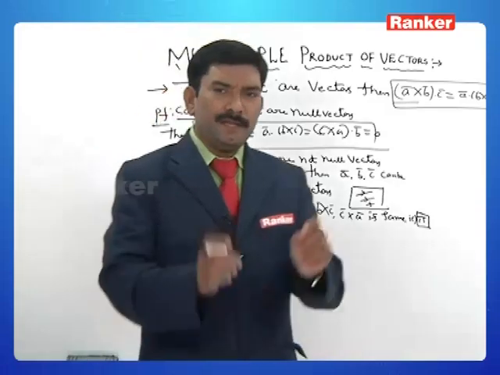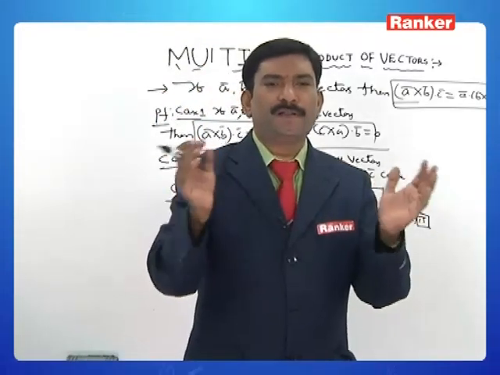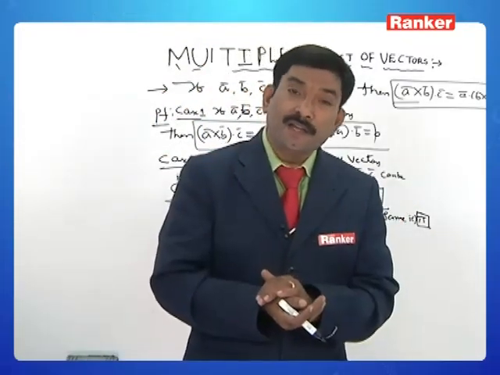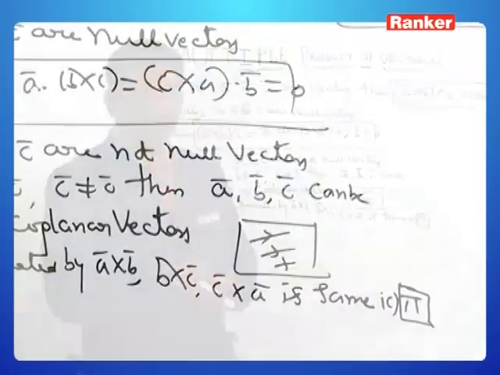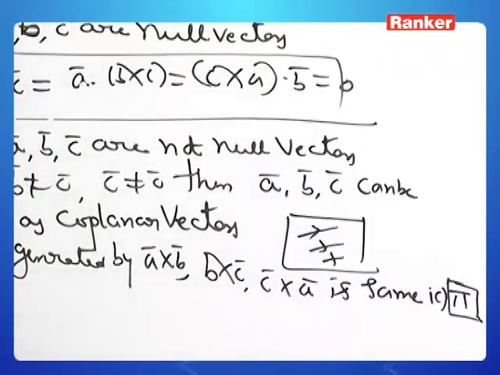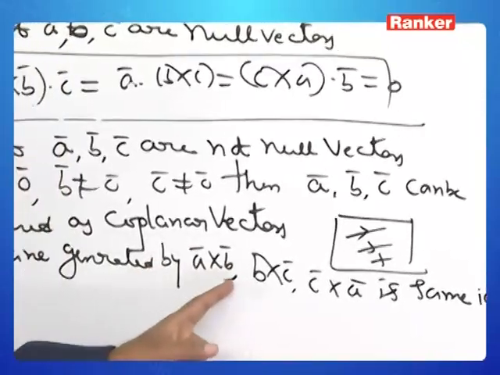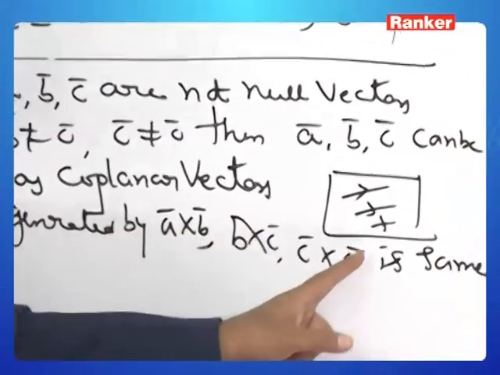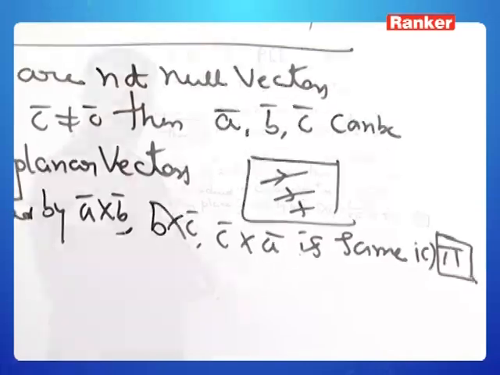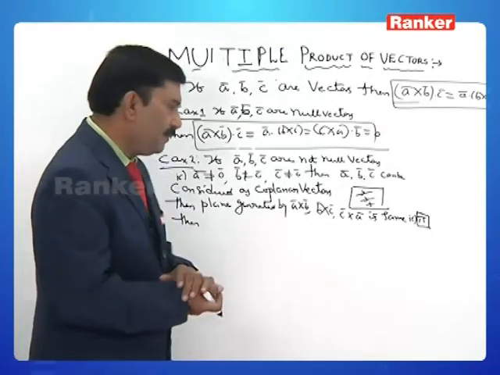C cross A is the vector perpendicular to the plane containing C bar and A bar. So the plane generated by A cross B, B cross C, C cross A is the same.